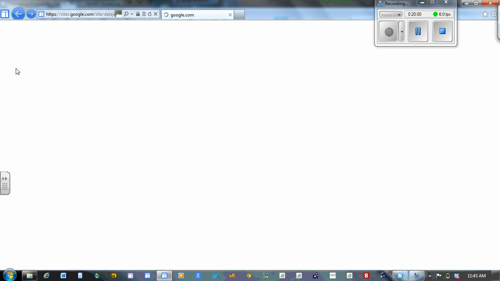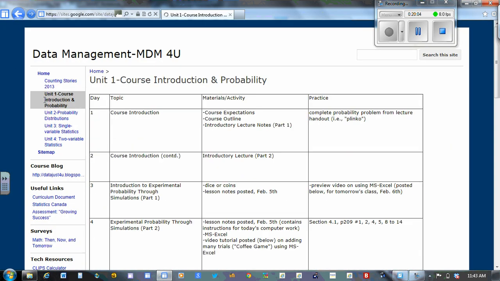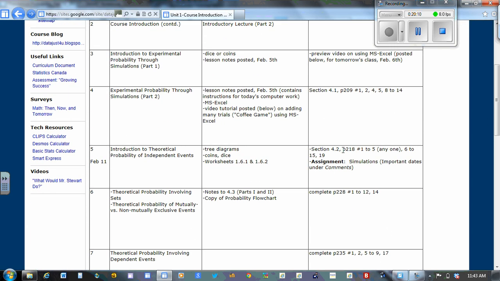There is an assignment on page 218. Questions 1 to 5, do any one of the first 5. Pick one that seems to resonate with you, one that may be more interesting to you, and then 6 to 15 along with number 19 for tomorrow's class.